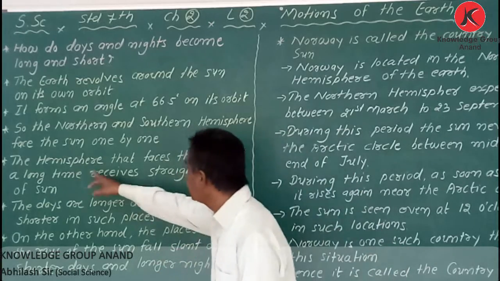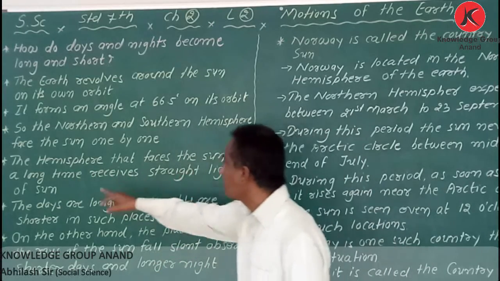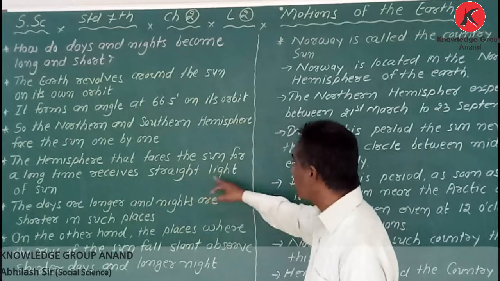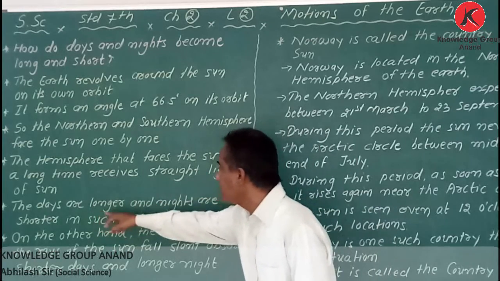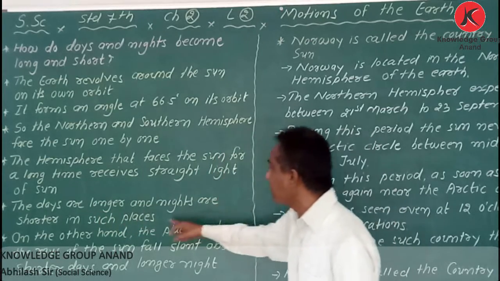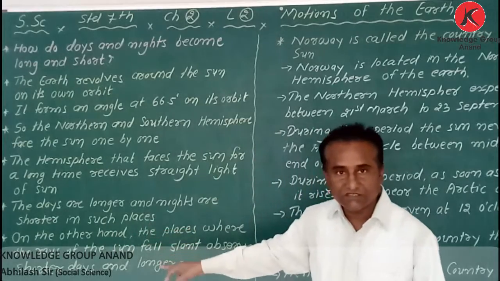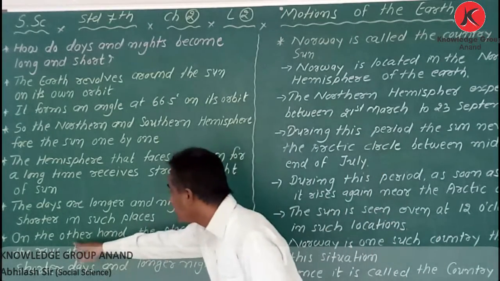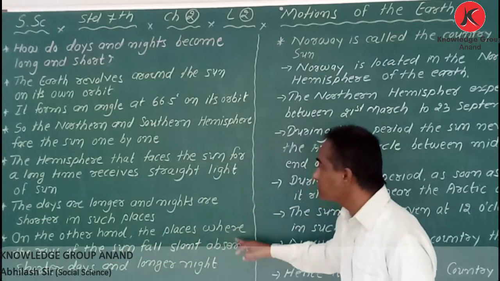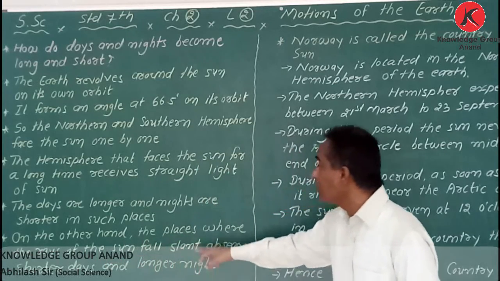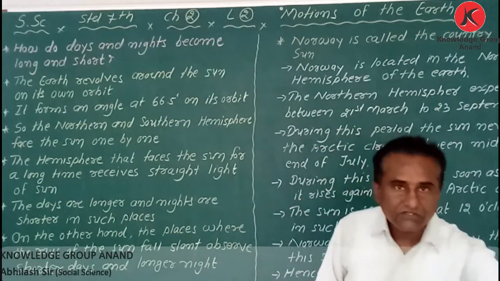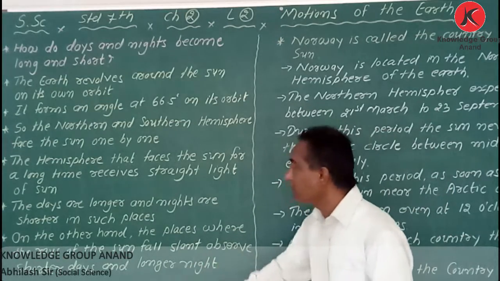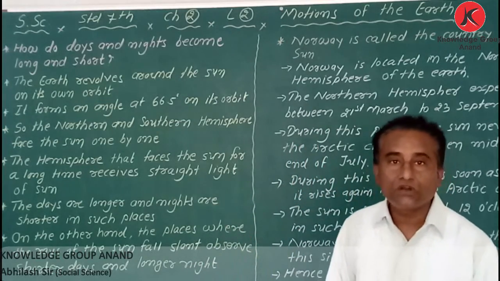The places where the rays of the sun fall slanting observe short days and long nights.